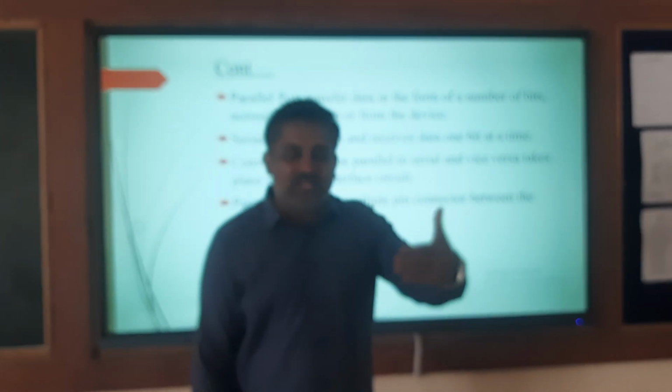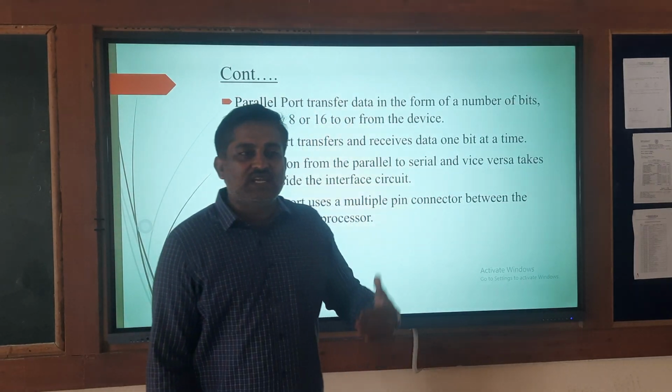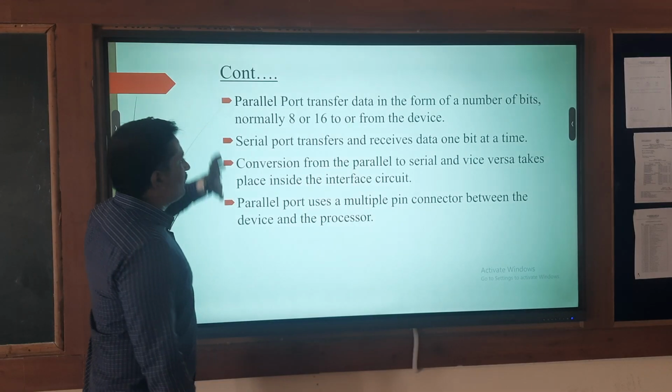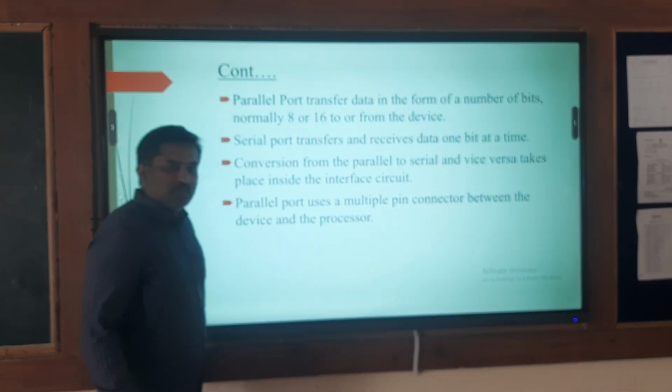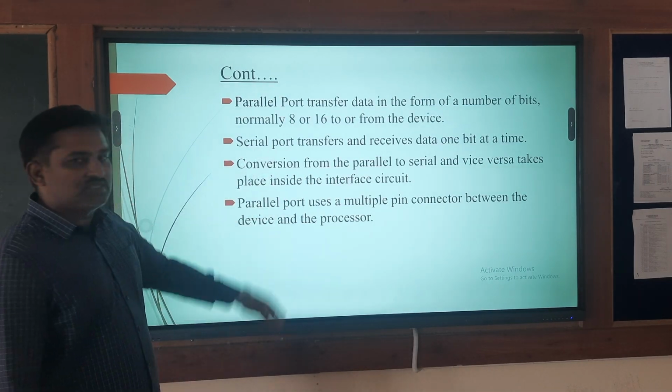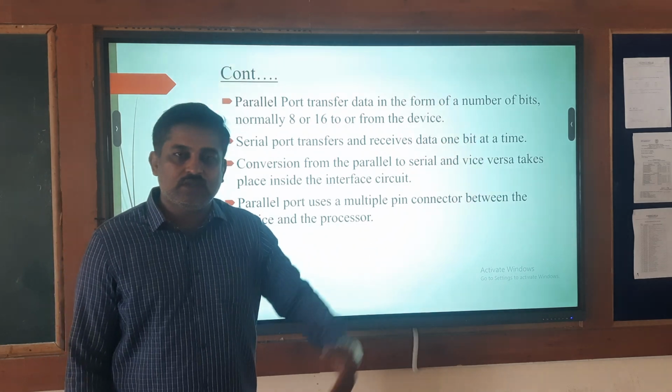Both the ports are used only to transfer data, but in different manners. Whenever we transfer data serially, the data transfer rate is low when compared with parallel. Now, the parallel port transfers data in the form of a number of bits, normally 8 or 16 from the device end.